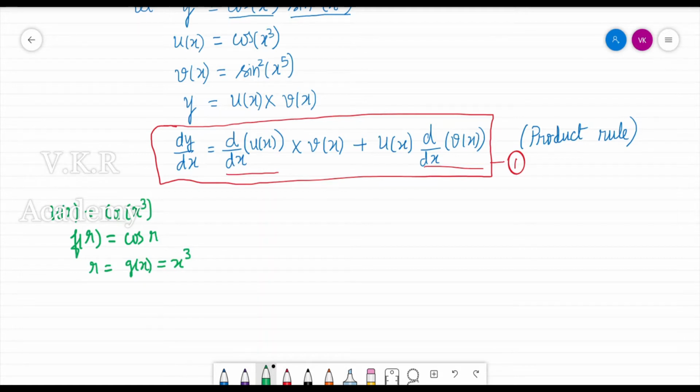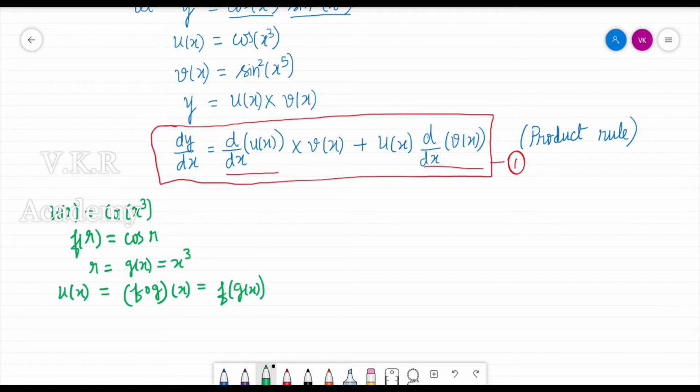So, our u of x is the composition of two functions, f composite g of x, that is equal to f of g of x.